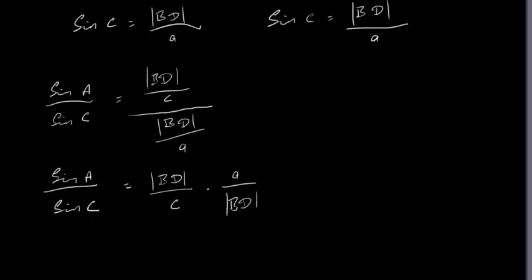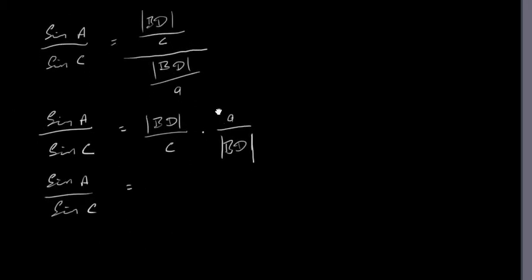So if you look at the right hand side, this BD will just cancel with this, and you end up with just A over C. So sine A over sine C equals A over C.